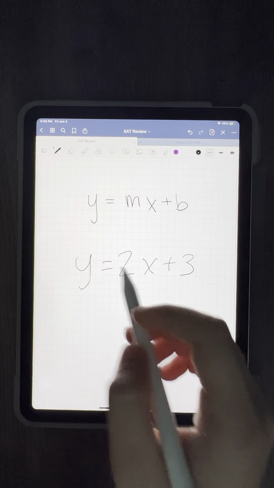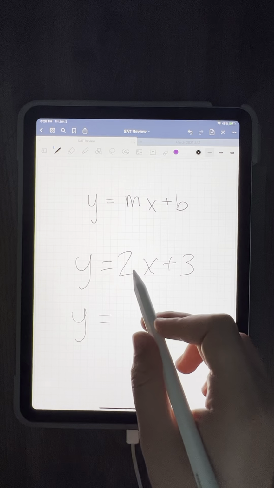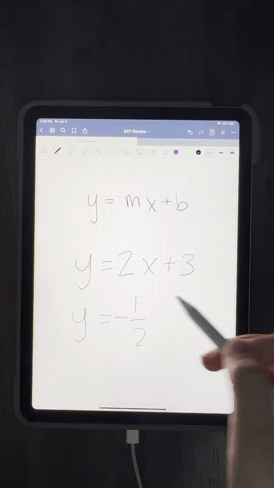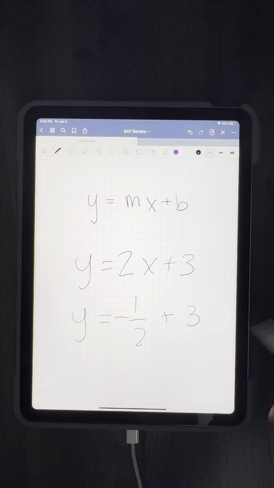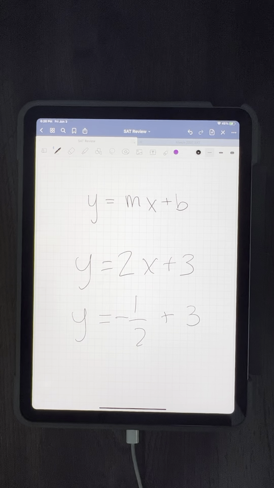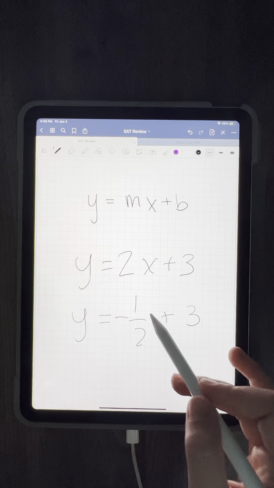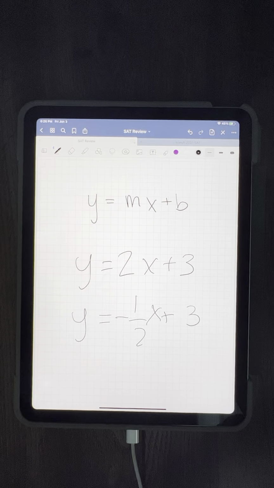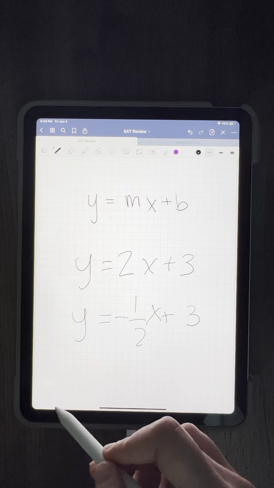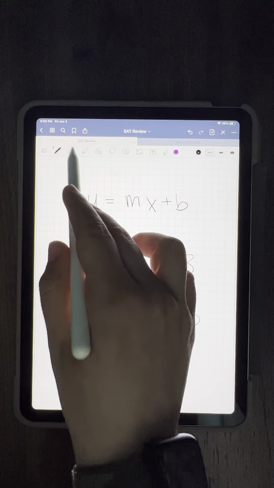And you need to know that for perpendicular lines, it would be y equals the negative reciprocal of this, which is negative 1 over 2, because you just flip that over, plus 3, or whatever. This can be any number, but you know that this line is perpendicular to that line because it's the negative reciprocal of that. And if you want a line that's parallel, it has to have the same slope. So perpendicular is going to have the negative reciprocal, and parallel is going to have the same slope.